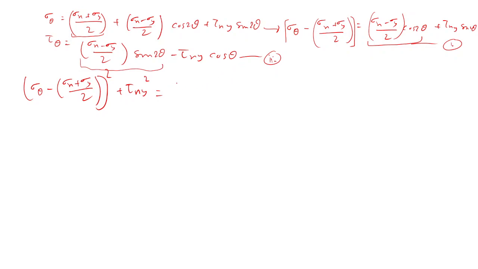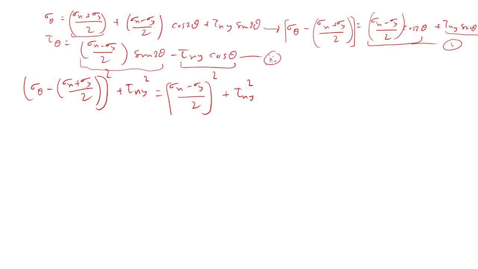So this will become (sigma x minus sigma y) by 2 whole square, plus tau xy whole square, right?